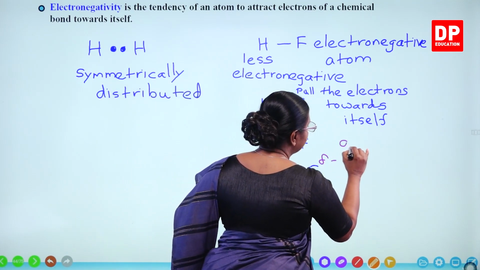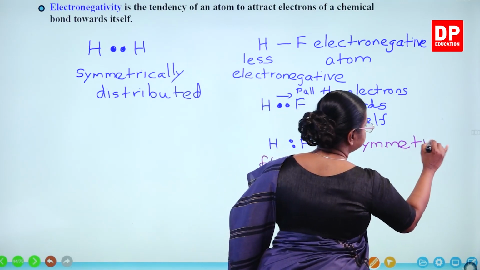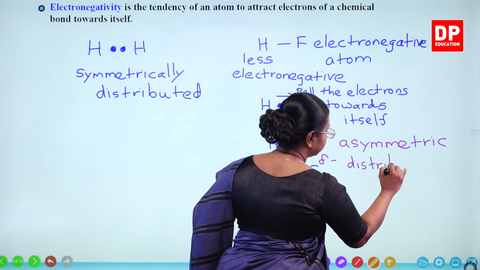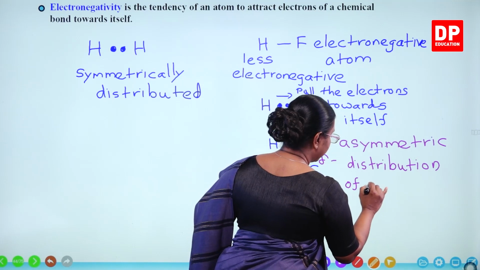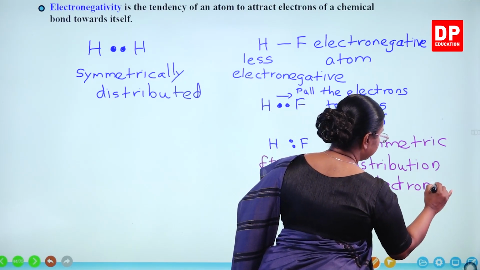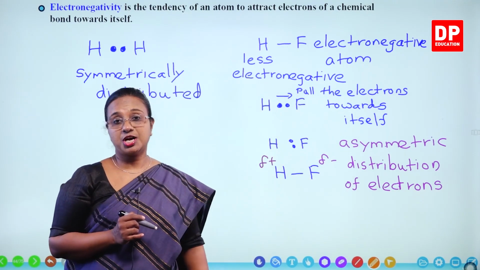So here, asymmetric distribution of electrons gives rise to these partial charges.